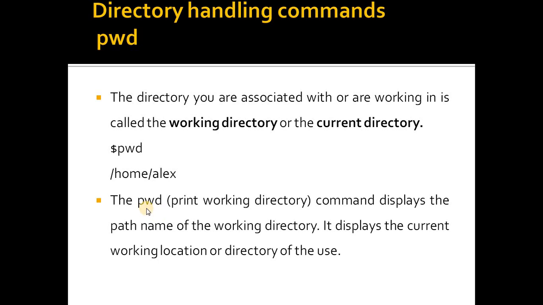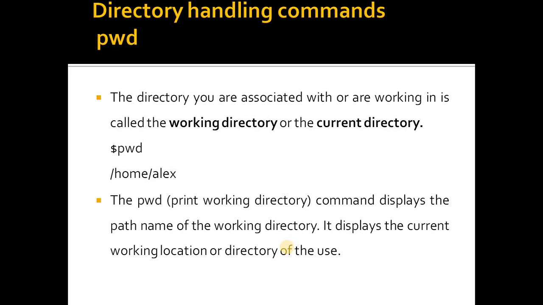In pwd, P stands for print, W stands for working, D stands for directory. The pwd command displays the path name of the working directory. It displays the current working location or directory of the user.